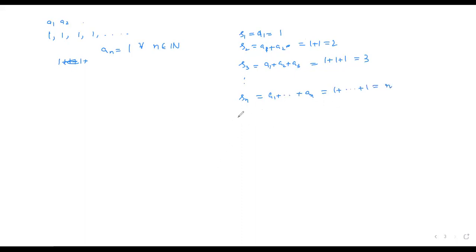So what do you think about this limit? Limit S_n, n approaches infinity, would be equal to limit n approaches infinity n. That would be infinity, right? This is unbounded.